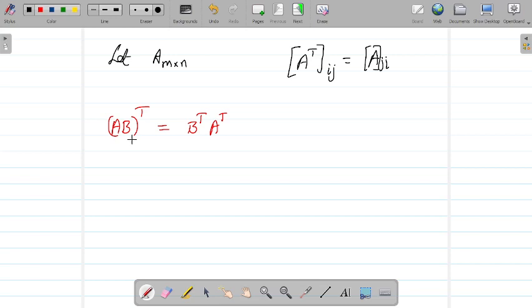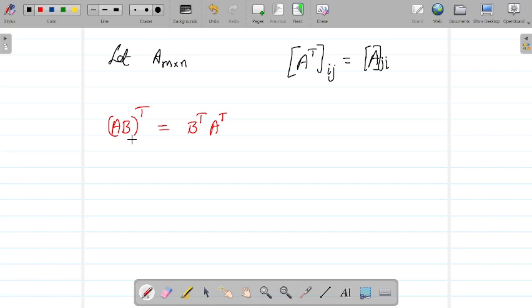As per the definition, it is equal to the jith entry of AB, right? Now we know how to express the jith entry of AB. That is nothing but the jth row of A multiplied with the ith column of B, right?